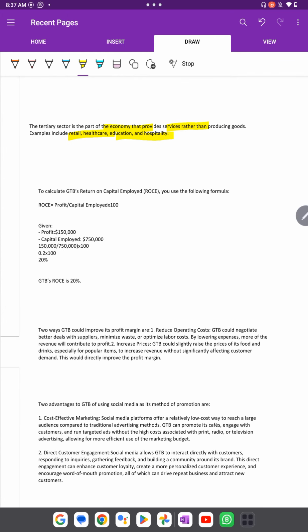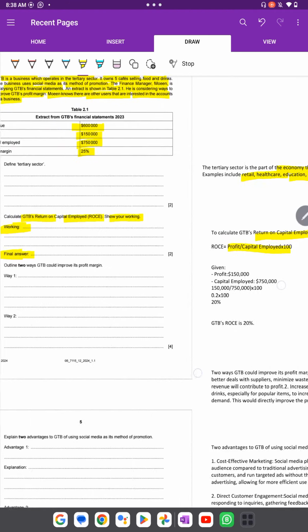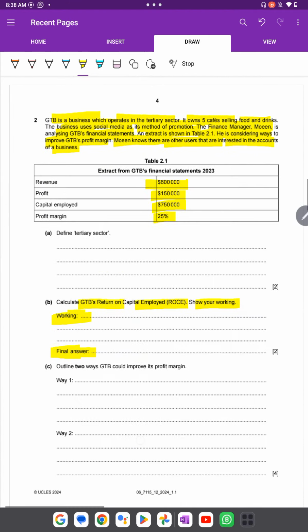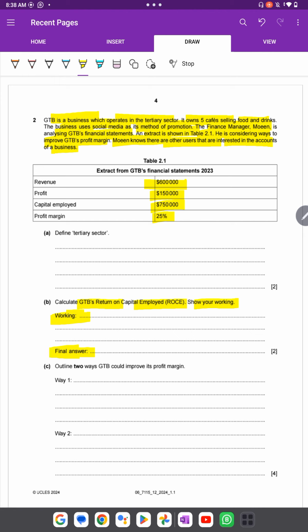To calculate GTB's return on capital employed, you should use this formula: profit multiplied by 100 divided by capital employed.